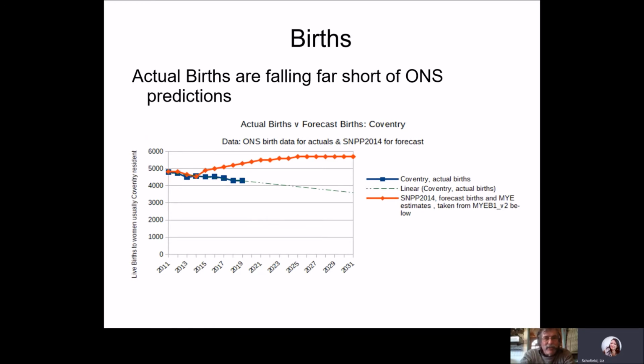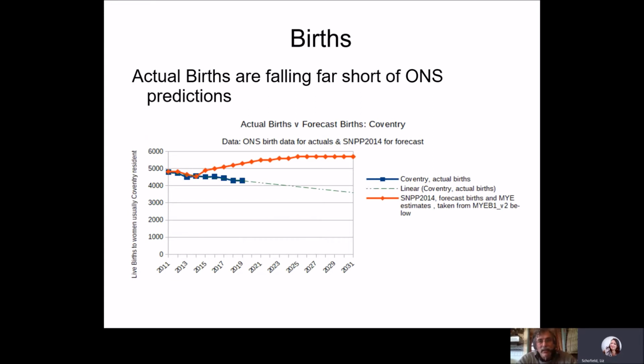And you can see that from 2011 going forward to 2012, 13, 14, births are actually declining in Coventry. I mean, from about 5,000 per year, going down to about 4,500. Very steady, gentle decline. And then that blue line goes on decreasing on up to 2019, which was the last date I had for this matter. So you can see there's a very clear downward trend.